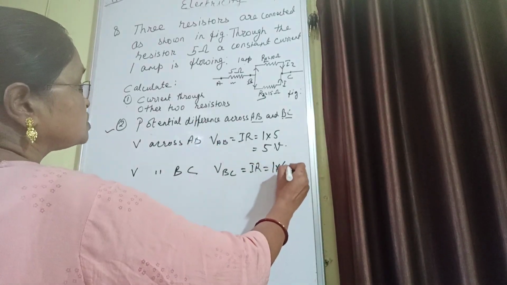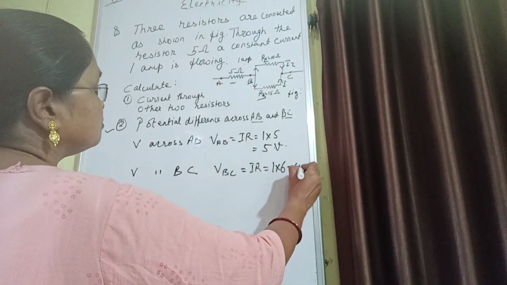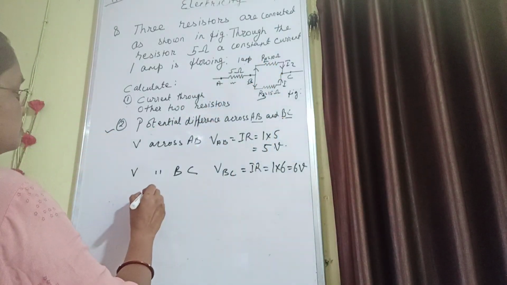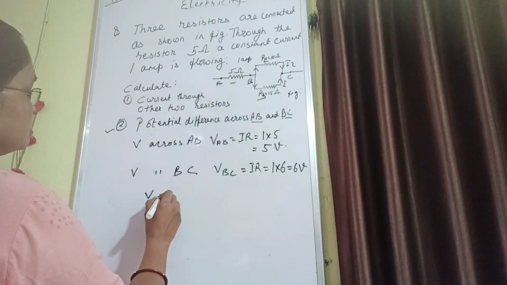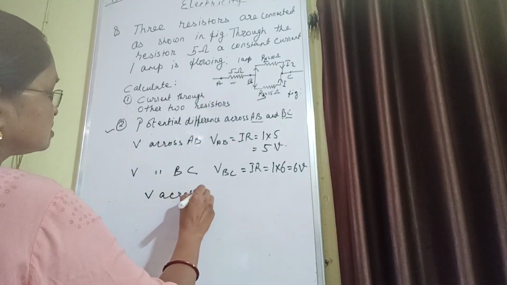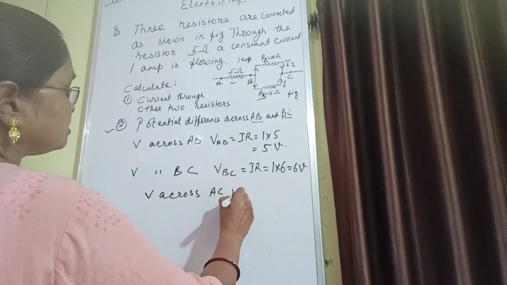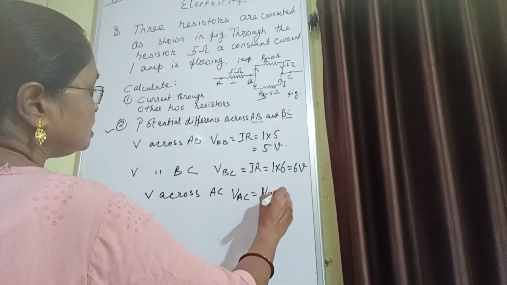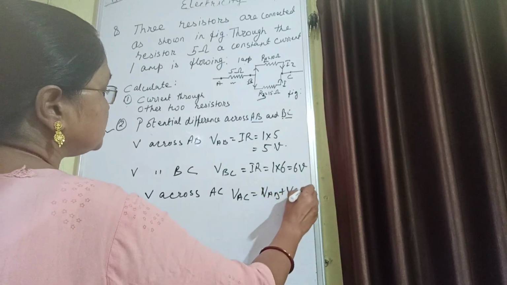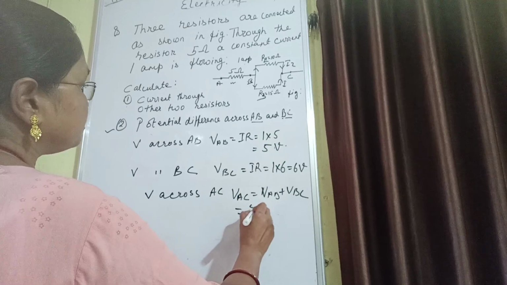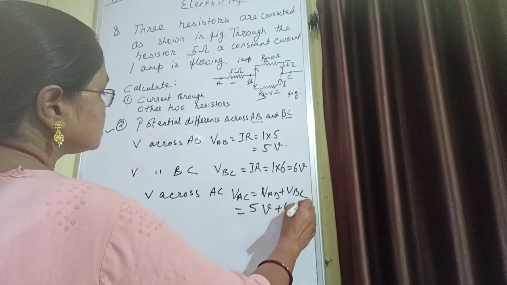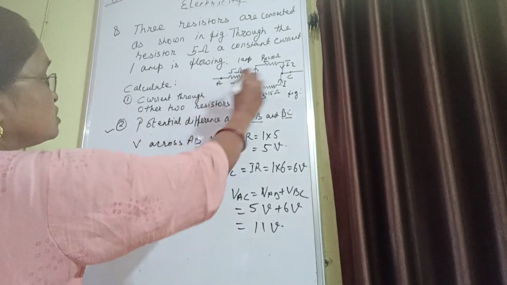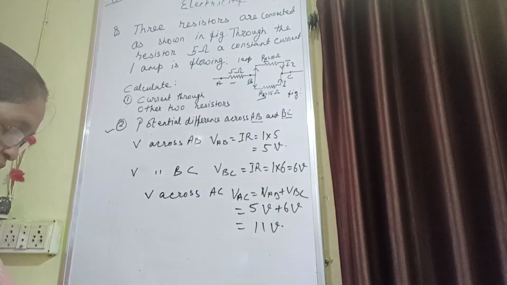So we will get 6 volt. And the total potential difference, V across AC, that is VAB plus VBC. So 5 volt plus 6 volt, we are getting 11 volt. So V across AC, the total, is 11 volt.